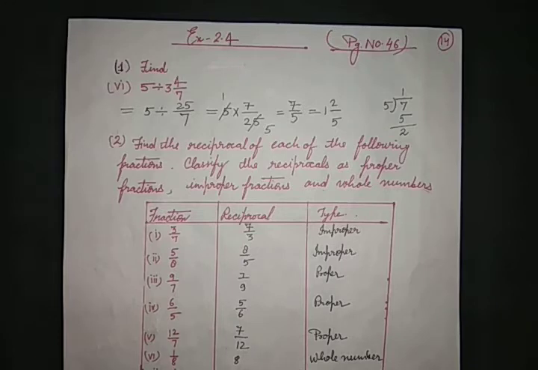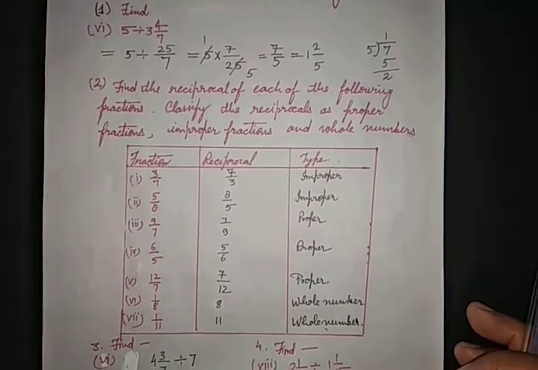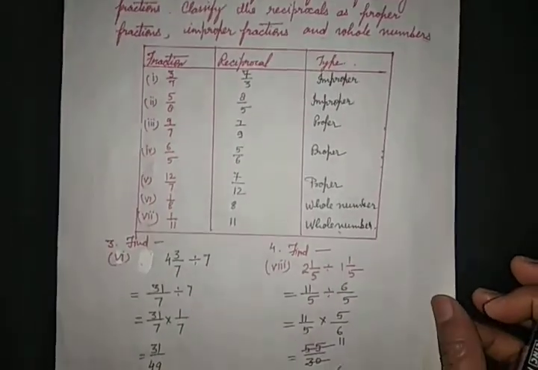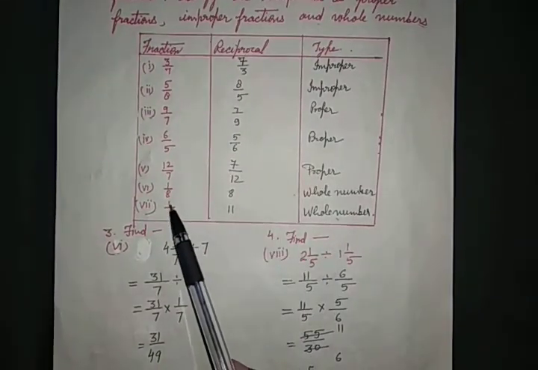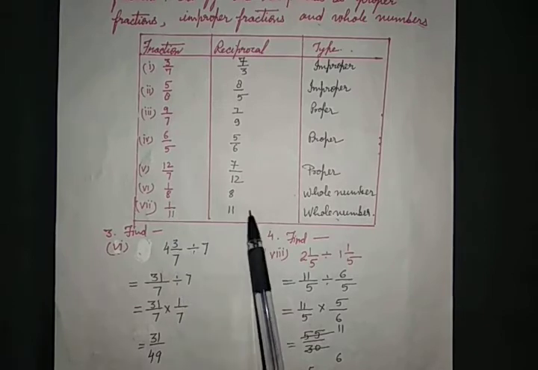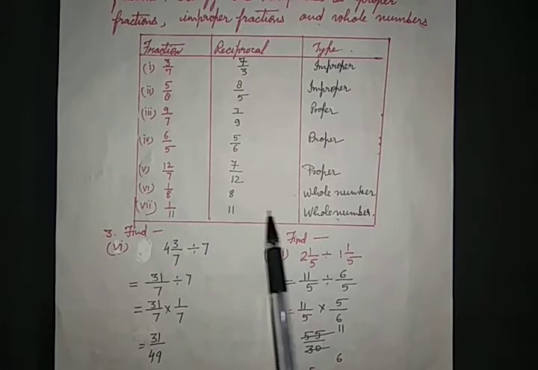Like this, seventh part, the fraction is 1 upon 11, and the reciprocal of the given fraction 1 upon 11 is 11 upon 1, which is equal to 11, and 11 is a whole number. Here 11 is a whole number because when you write the reciprocal of 1 upon 11, 11 is coming and 11 is a whole number.